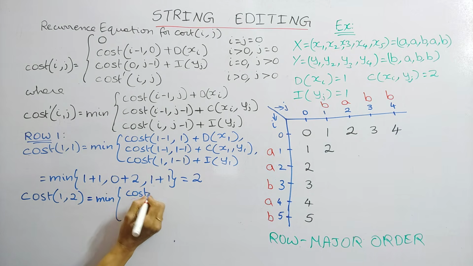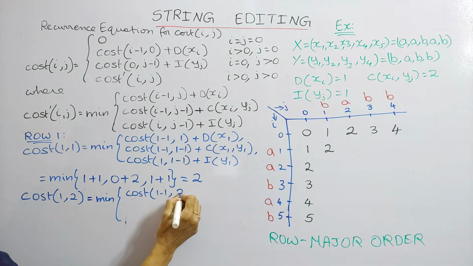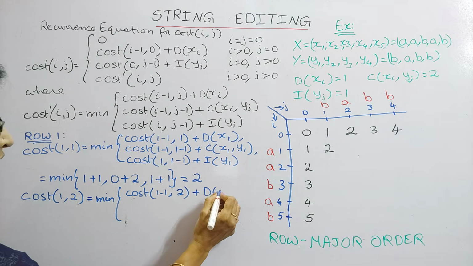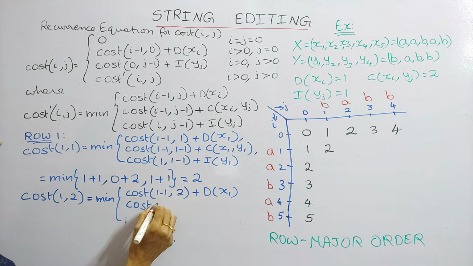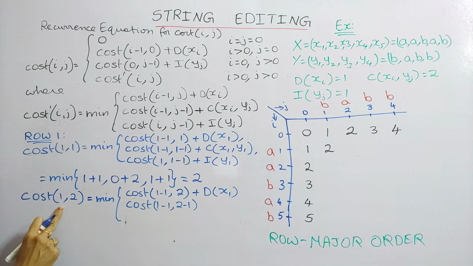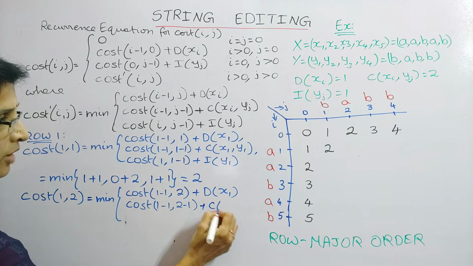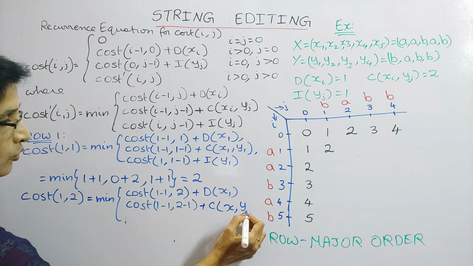cost of 1 minus 1 comma j, which is 2 here now. So cost of 1 minus 1 comma 2 plus d of x1, and the second term is cost of 1 minus 1 comma 2 minus 1, because here i is 1 and j is 2. So that's why it is 1 minus 1 comma 2 minus 1 plus change operation of x1 to y2.